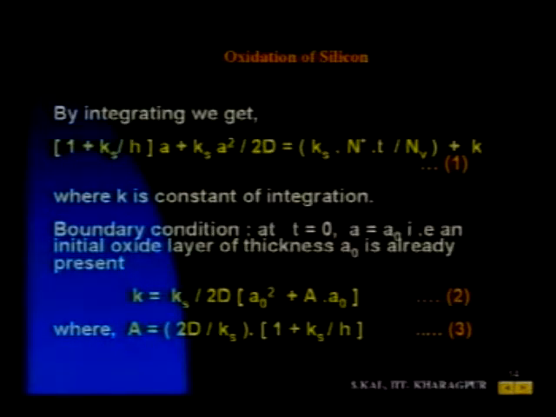What is the boundary condition? That is mentioned here: at t equal to 0, A equal to A0. That means we assume that at the beginning, when you started the oxidation process, the silicon surface has some oxide already. That means that oxide thickness is A naught. That means already A naught thickness silicon dioxide is existing.